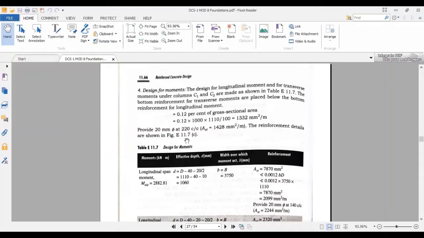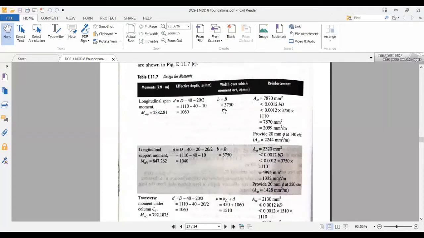So it is 0.12 of 1000 into 1110 upon 100, and it gives 1332 mm square per meter. So we'll provide 20 mm dia bars at 220 center to center spacing. So this gives actual AST, area of steel, as 1428 mm square per meter. The reinforcement details are shown in the figure.